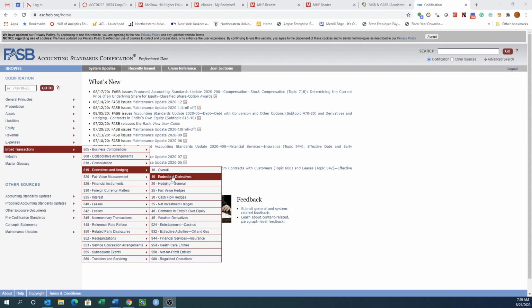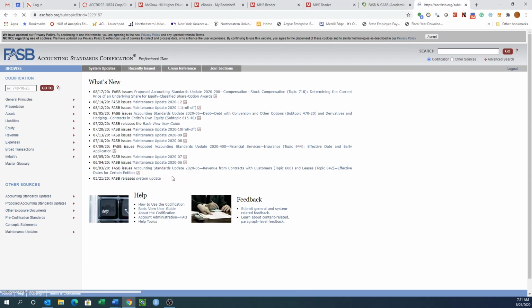And the hybrid instrument, maybe it's a debt instrument or a lease, we're always going to default to the way we would normally account for the debt instrument or the lease, but we still have to figure out, should we be accounting for this derivative that's embedded in the debt agreement or the lease agreement or the insurance contract? Do we need to pull out that piece of the contract and account for it at fair value? Changes in fair value go through the income statement.